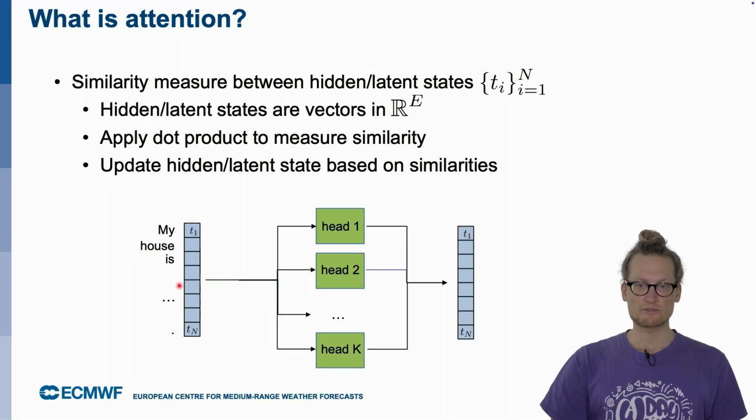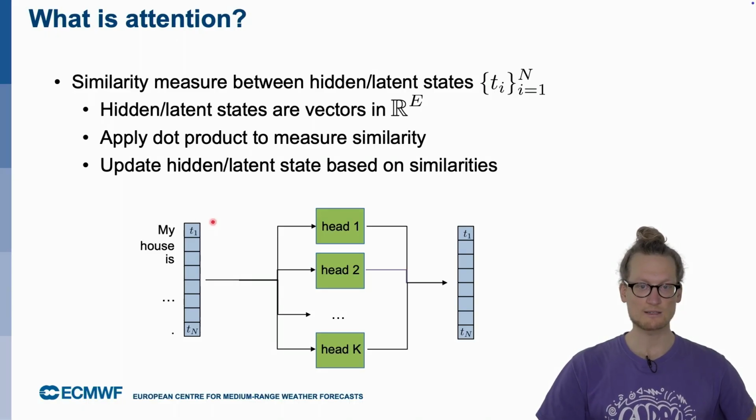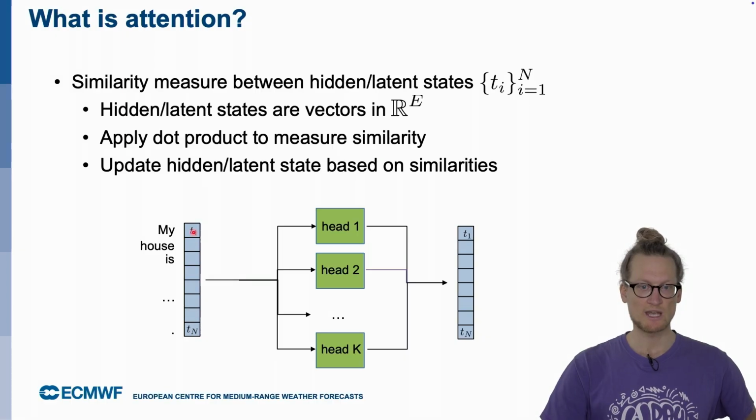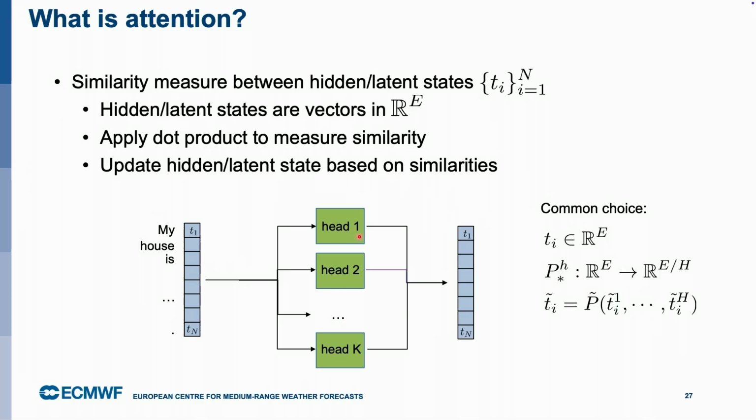And here we have this prepared somewhat visually again, in a schematic. We have our input sentence, which is converted into some token sequence. And then these tokens are processed in parallel by n heads. Each of these heads comes up with some proposition of updated tokens, tilde T, its own suggestion of how the respective head would update the tokens.